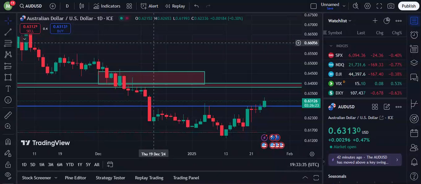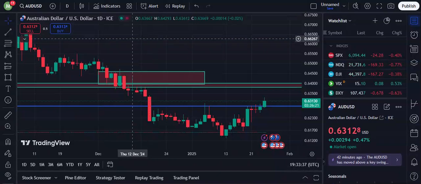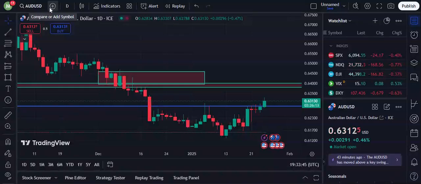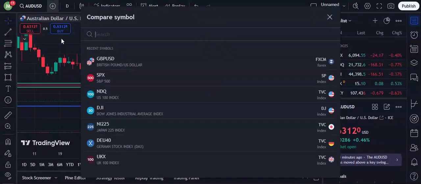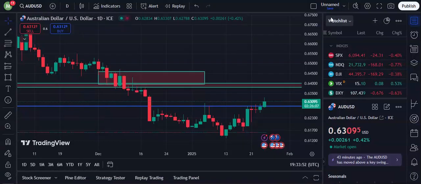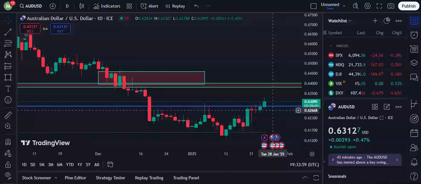And I think on JPY, I don't think there is a nice trade right now. I don't think we have a good trade to take on JPY at all. But I think we need price to come to this area before we can execute.